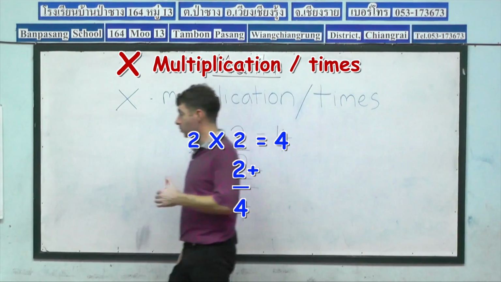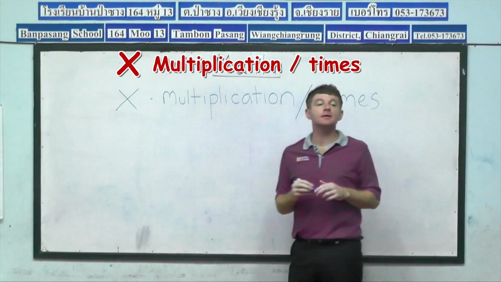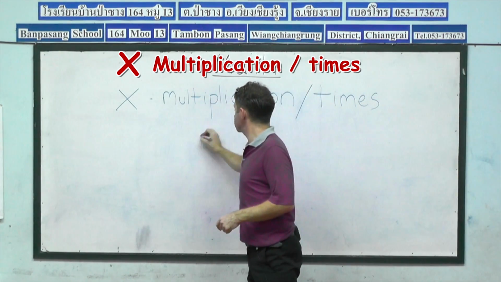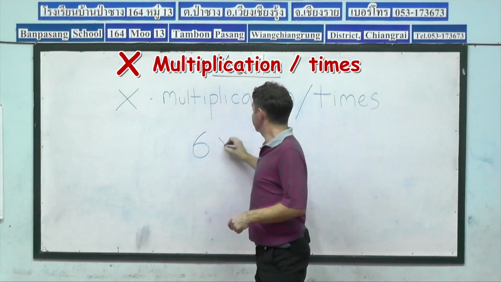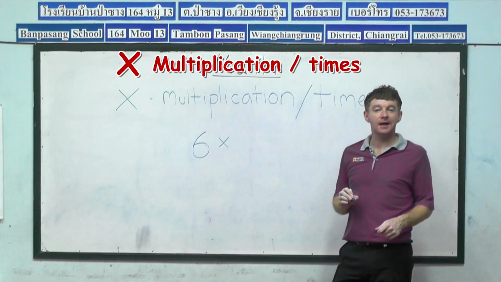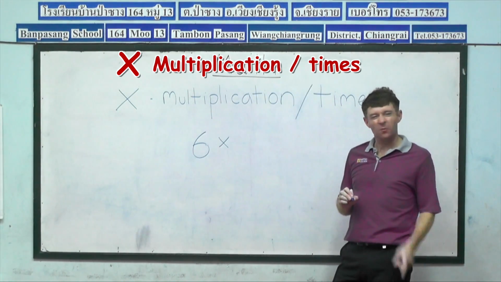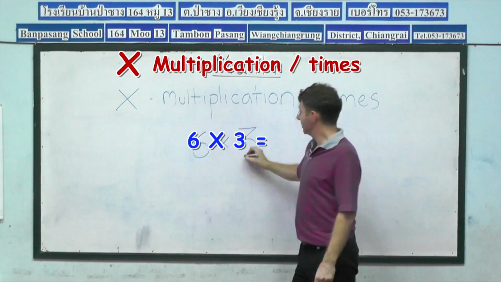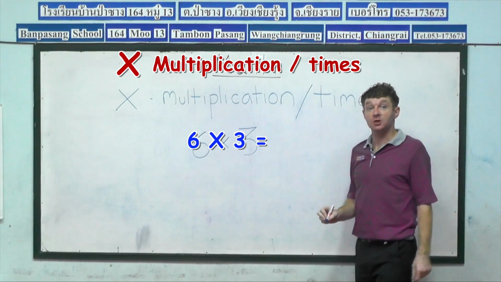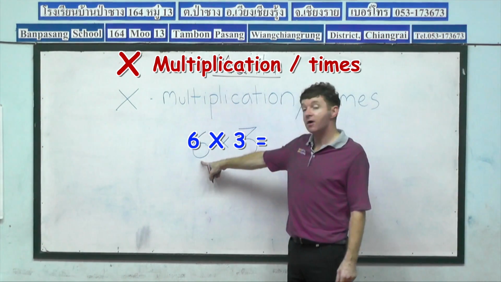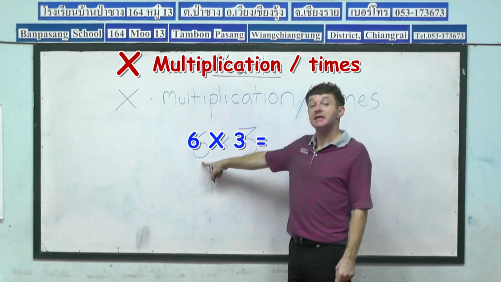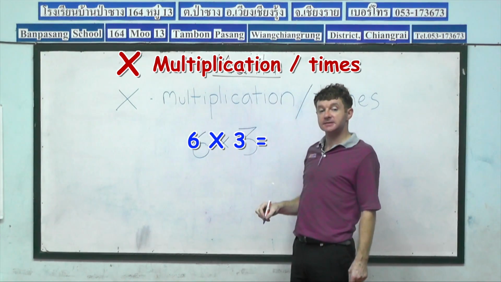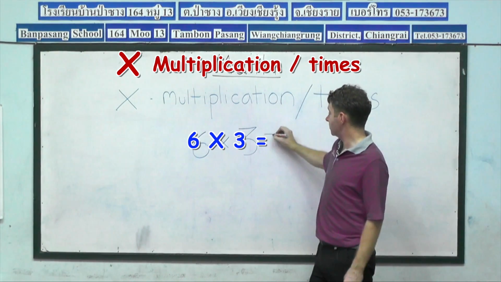Now let's do another one. How about someone give me a single digit number? 6, okay, we've got 6 times, how many? 3, okay. So what we do with multiplication or times is what's our first number? 6. And how many times do we have to multiply 6? Times 3. Okay.